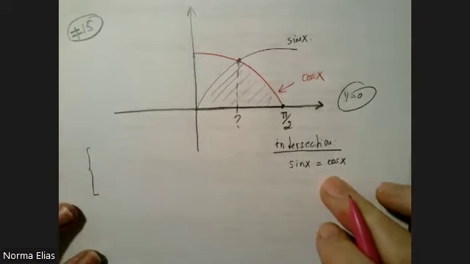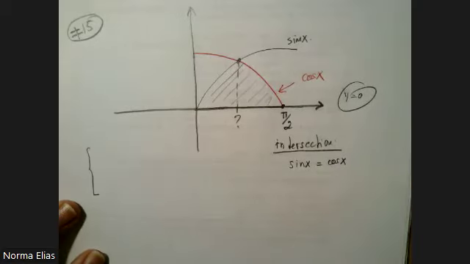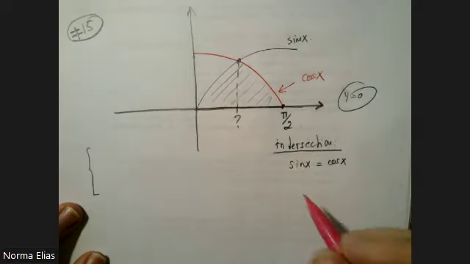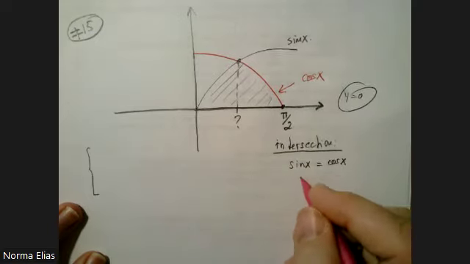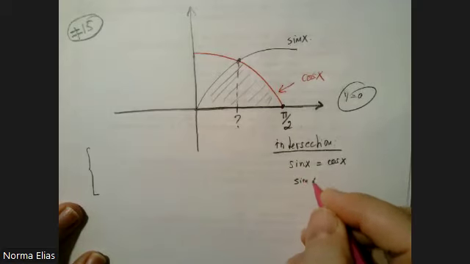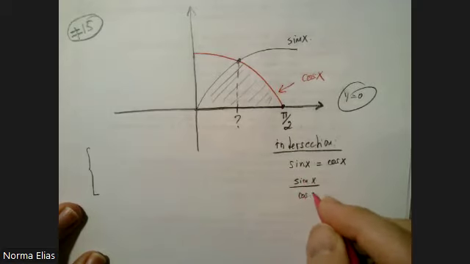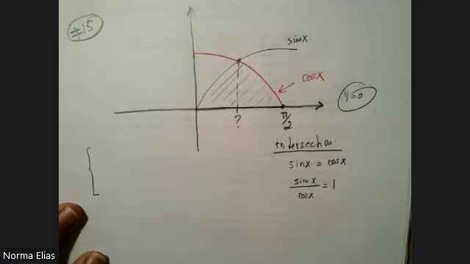Okay, how would you solve for x in this quickly? Any ideas? Or can you just tell me which value of x makes sine equal to cosine? Pi over 4. So sine x equal cosine x, you can just look at it. I say it's pi over 4. Or if you want, you can say that sine x over cosine x equal to 1. It means tangent x equal to 1, x equal pi over 4.